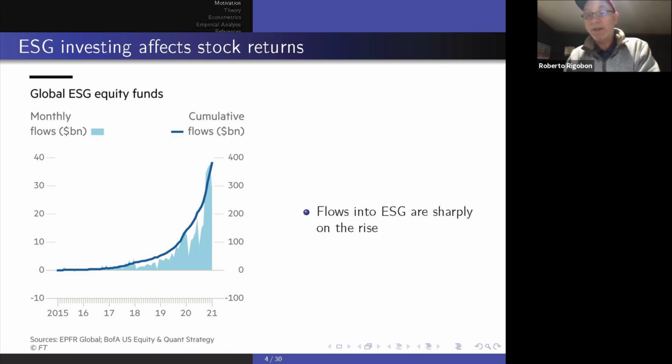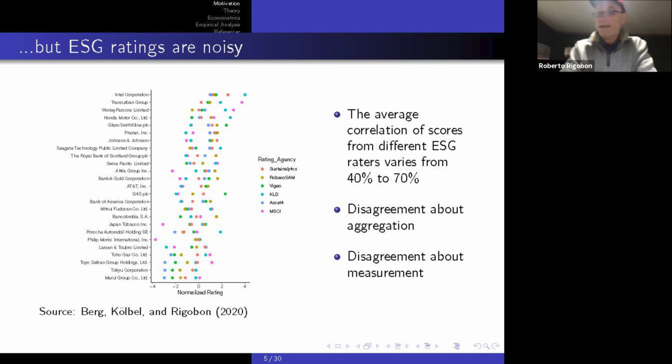So we know that there has been an explosion of flows toward ESG, and this audience doesn't need to know that. One thing that is also known, and I just want to point out, is that the ratings, when you look at them from very different raters, are all over the place. I call this the confetti plot.